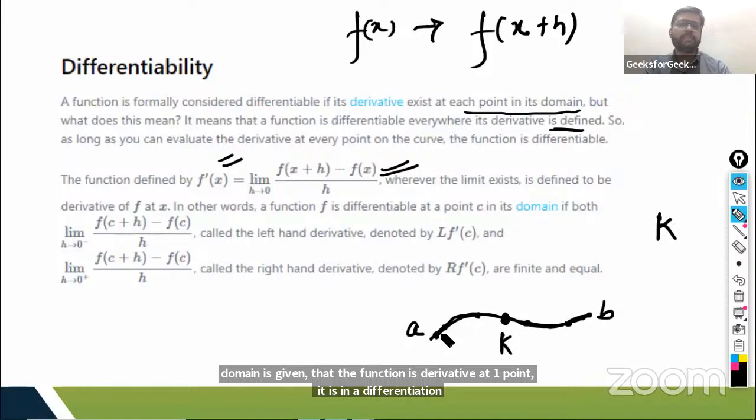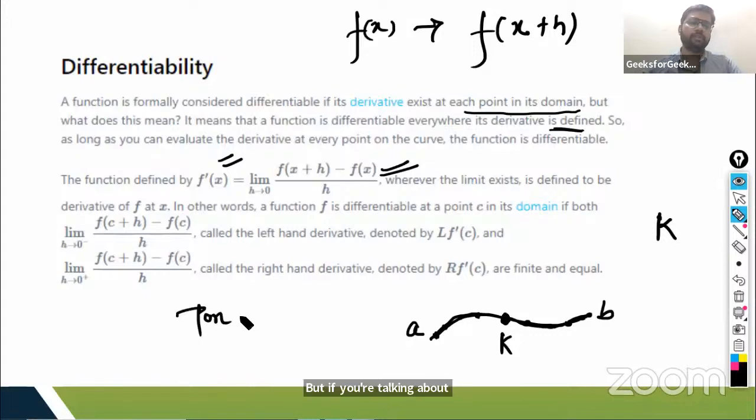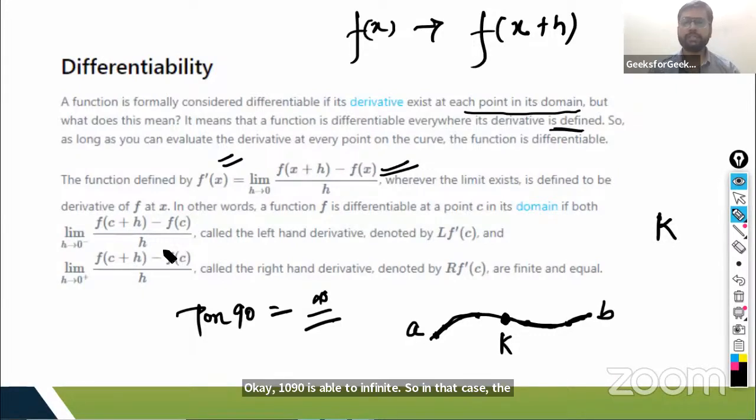We are saying the function is differentiable. It means that, for example, the sine function. The sine function is differentiable in the entire domain. But if you're talking about the tan function, we all know that tan 90 is equal to infinite. So in that case, the differentiability at that point is not defined. So this is the condition.